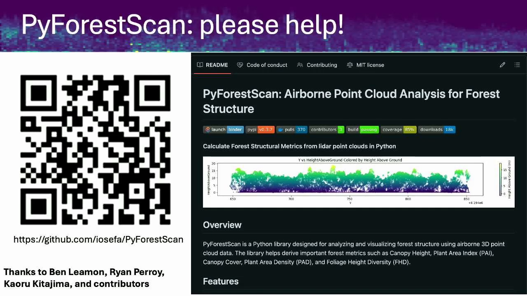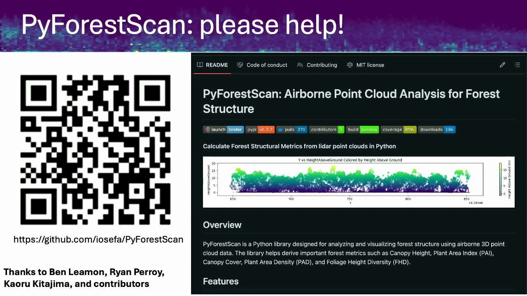For the data that I showcased here, I had no hand in the data acquisition. This is published by USGS and NOAA, and hopefully they did all the quality assurance and checks they were supposed to do. PyForestScan itself doesn't offer any of that sort of functionality.